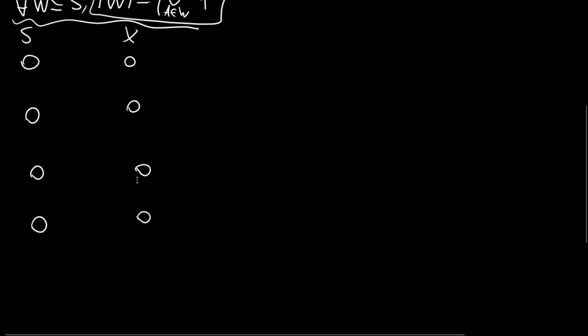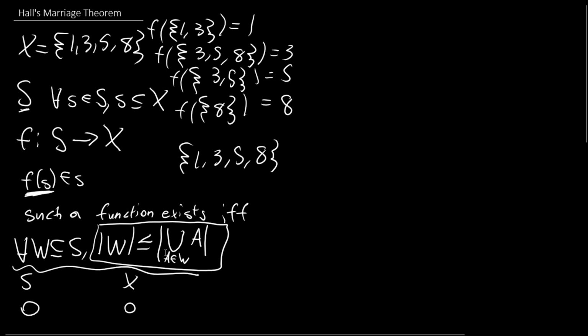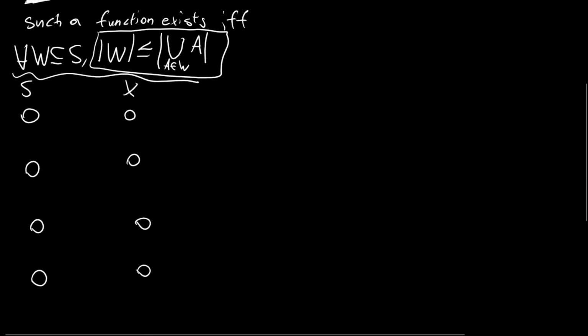These are the elements of S. And on the right side, we're going to have the elements of X, so in our example, 1, 3, 5, and 8. Then we put an edge between some element of S and some element of X if and only if X is an element of S.